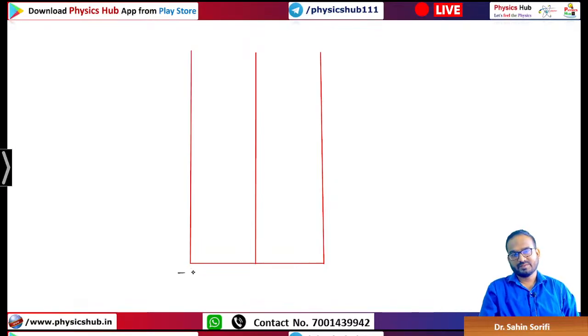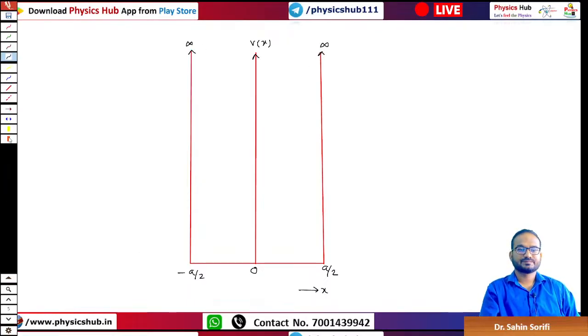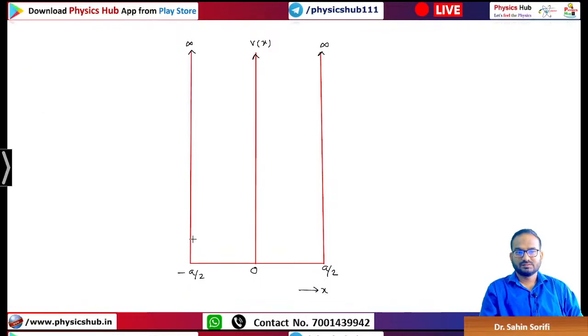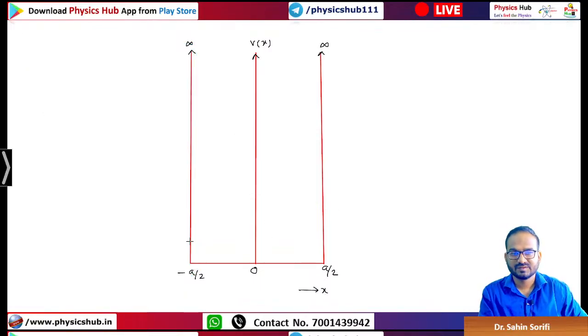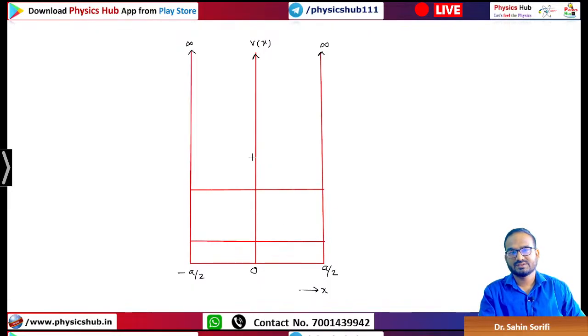So we have here minus a by 2, this is 0, this is plus a by 2, and this is your x axis, and this is, let's say, V of x. The potentials are infinity here. So we'll have the ground state, you will have the first excited state and the second excited state.